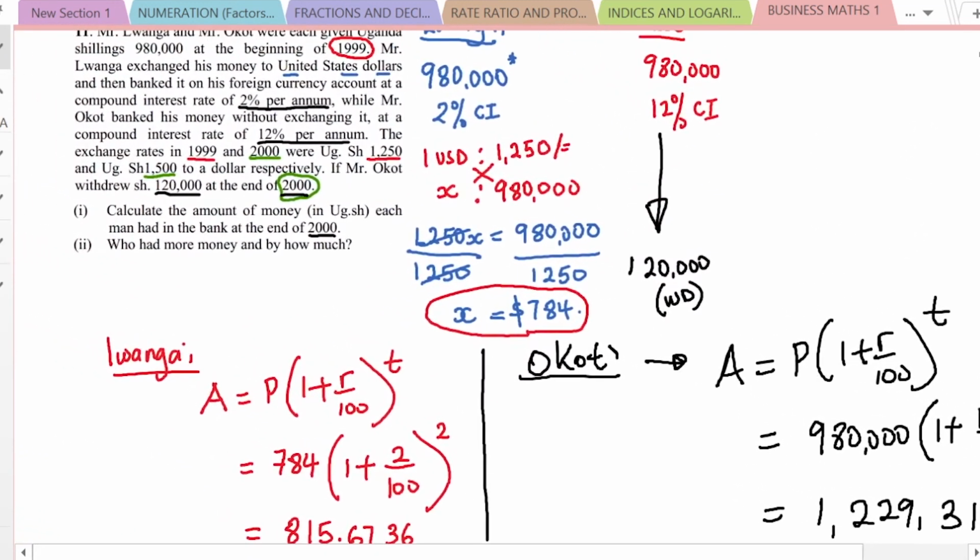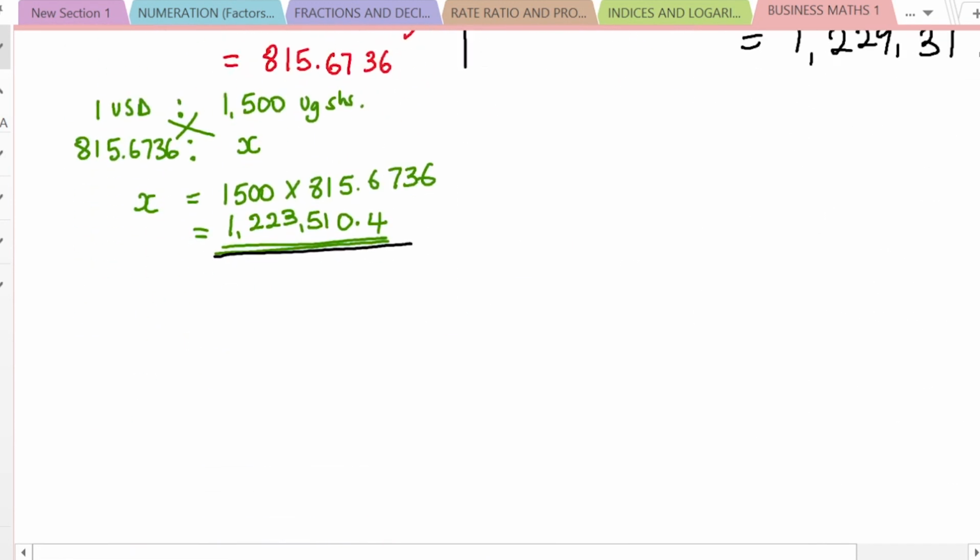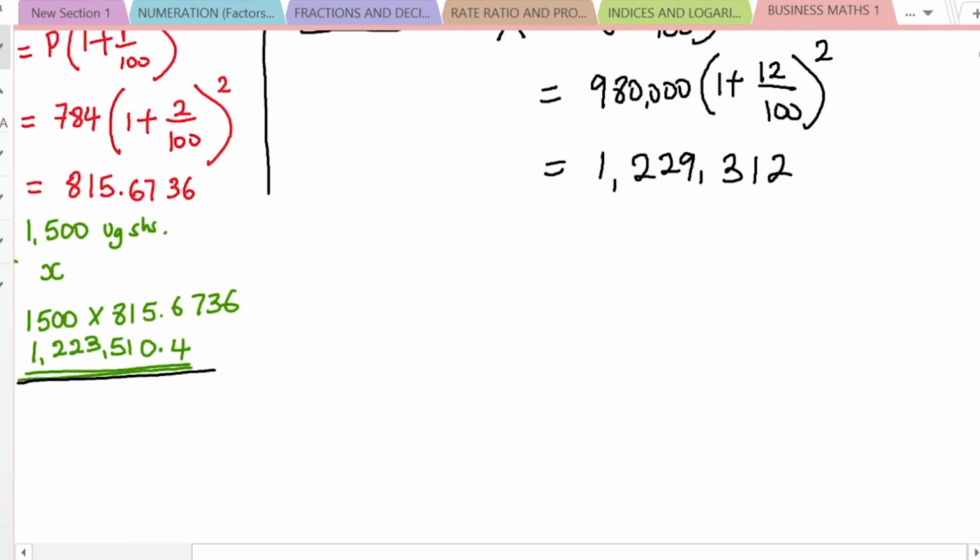But remember, the question continues to say that he withdraws, let's not forget that detail, that he withdraws 120,000 at the end. In other words, they ask here, if Mr. Okot withdrew 120,000 at the end of 2000, calculate the amount of money each man had in the bank. So if this is the amount he has, his money generates compound interest and it accumulates up to this much at the end of the 2 years. Remember, he withdraws.